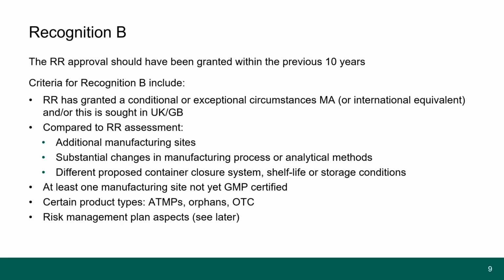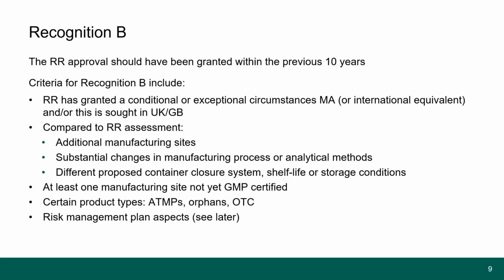Recognition B will also apply if, compared to the reference regulator assessment, there are additional manufacturing sites or substantial changes in the manufacturing process or the analytical methods, or different proposed container closure system, shelf life, or storage conditions.